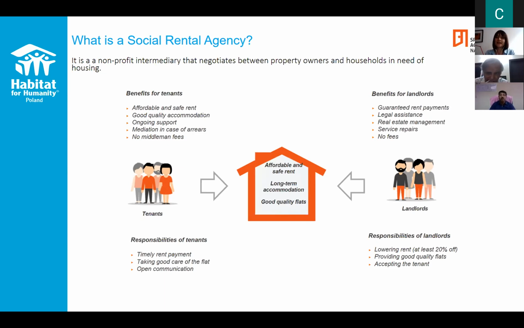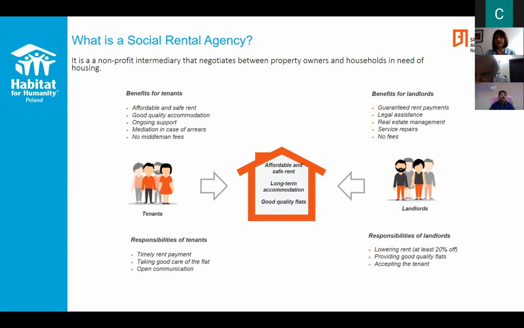We find landlords who would be interested in renting their flats to us, and we have certain incentives for them. We give them guarantees like the rent payment, legal assistance, and service repairs. So we take care of the whole rental process on their behalf. And in return for such a service, we ask them for certain things.